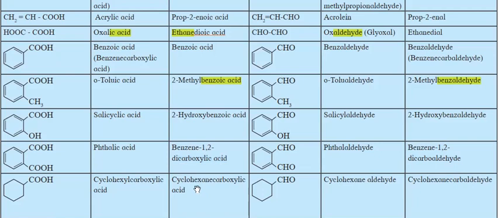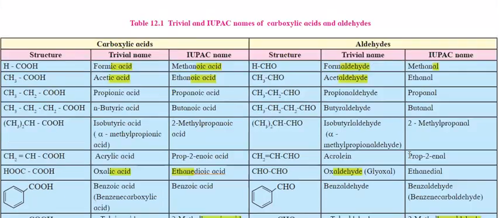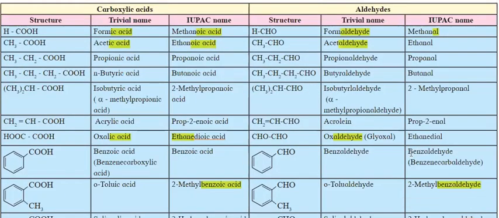Then another one is not a benzene ring; it is a cyclohexane. It is called cyclohexane carboxylic acid, and here also cyclohexane carbaldehyde, which is an aldehyde. These are the IUPAC nomenclatures for carboxylic acids and aldehydes.